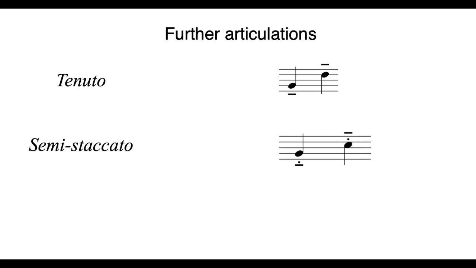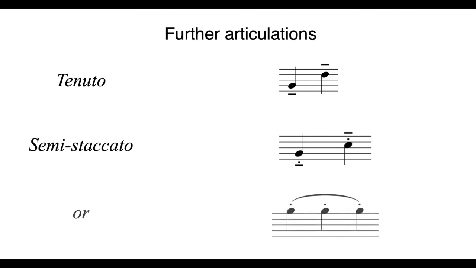Sometimes you'll see both staccato and tenuto marks together to indicate a slight staccato, where the notes are slightly detached. Sometimes this is called semi-staccato and can be indicated with staccato dots and a curved slur line like this.